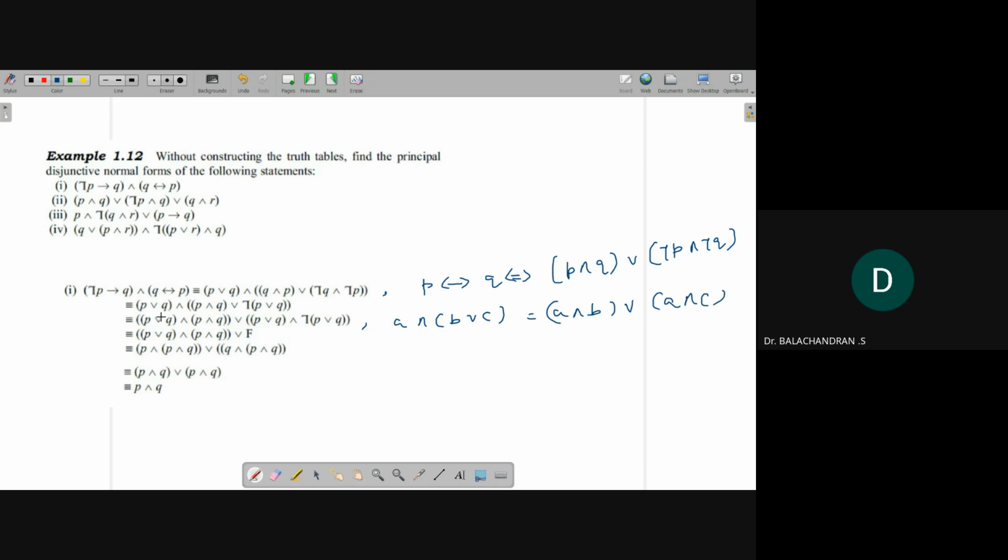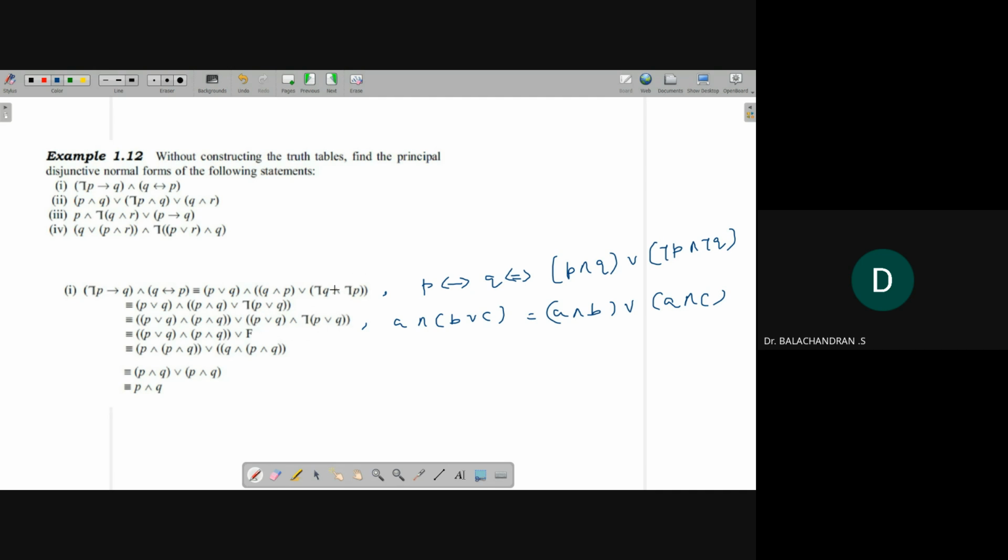You can see A and B: B is P and Q, A is P or Q. And C, C is negation of P or Q. Now the reason: this is P or Q and negation of P or Q. This is false.